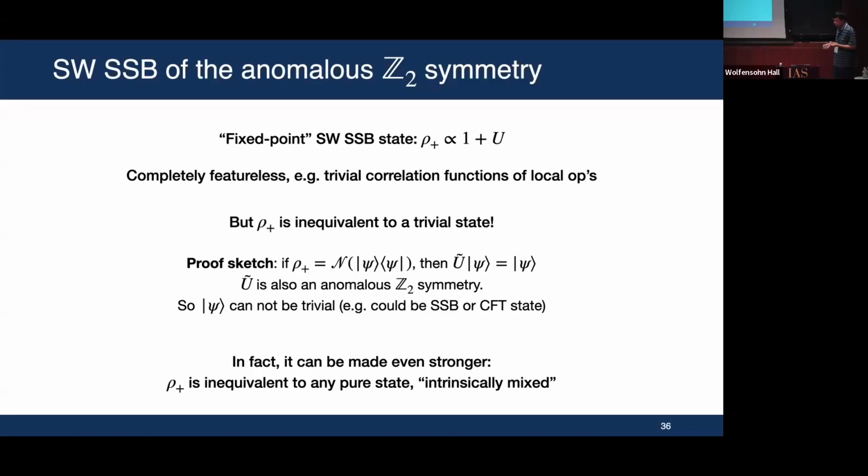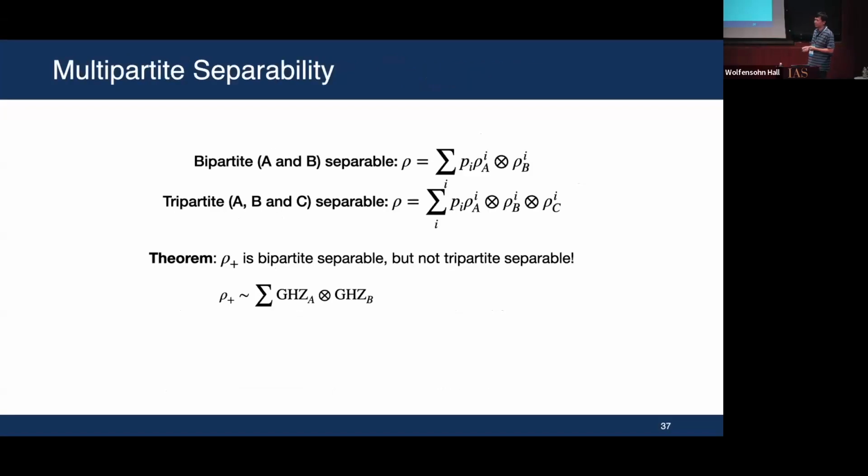To see why this is the case, I need to discuss a kind of information-theoretic property of the state. It's called separability. The idea is that if I have a trivial product state, then I can factorize the state over different parts of the system. I can write it, up to some local unitary, as a product of states on different parts of the system.